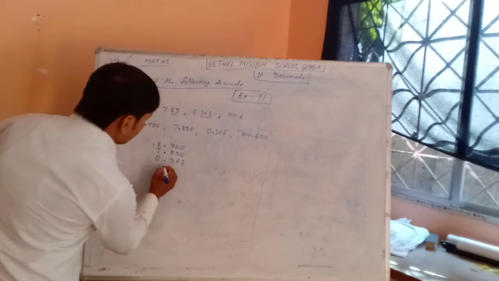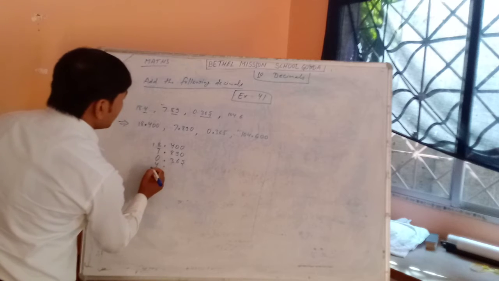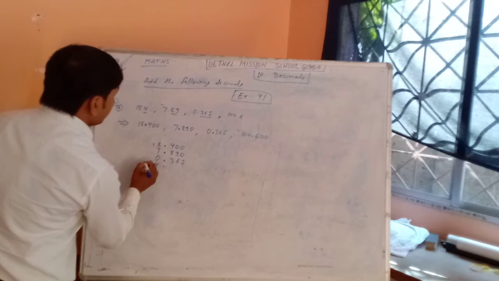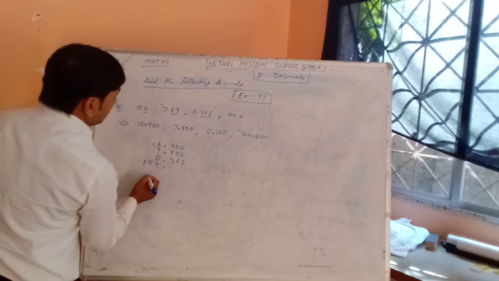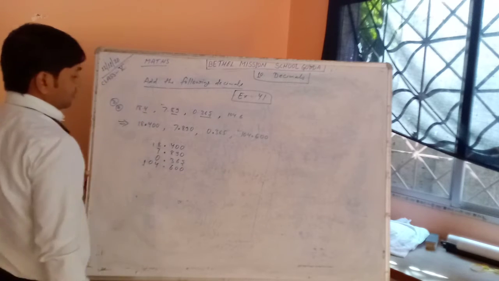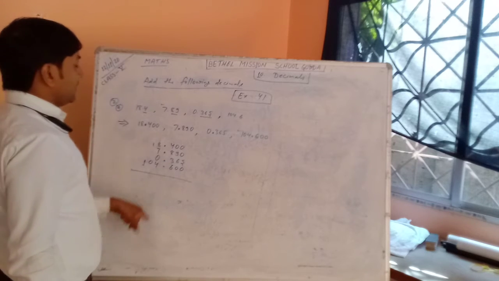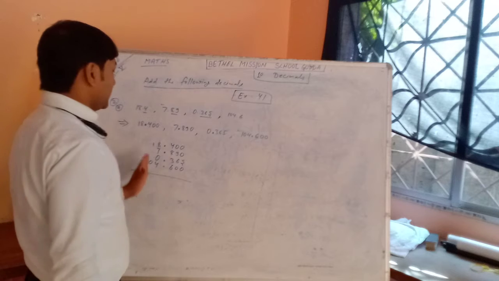Then the decimal first, then 401, here 4, then 0, then 1, and 600. All the decimals should be in the same line.